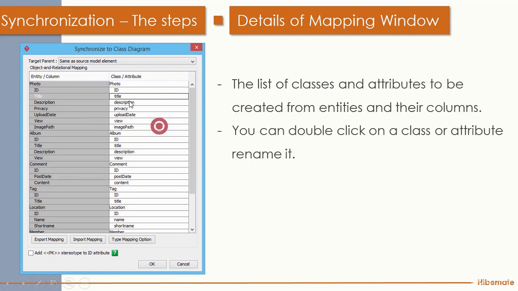You can double click to change, say, I don't want to generate the title as an attribute, I want to generate something else. You can say photo title, something like that, in the attribute. The name you put here will directly impact the generated code. If you set it to photo title, then when you generate the Java code, you will have set photo title rather than set title. So use it with care.